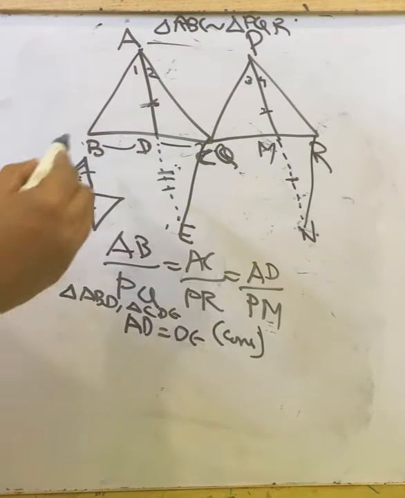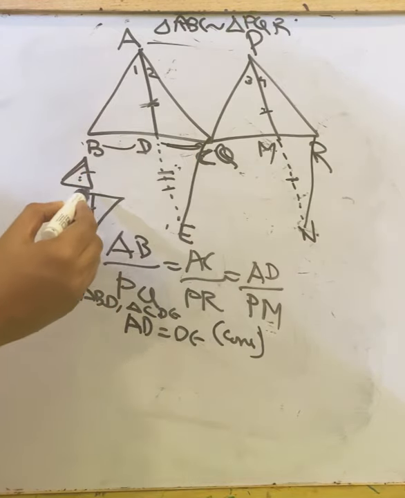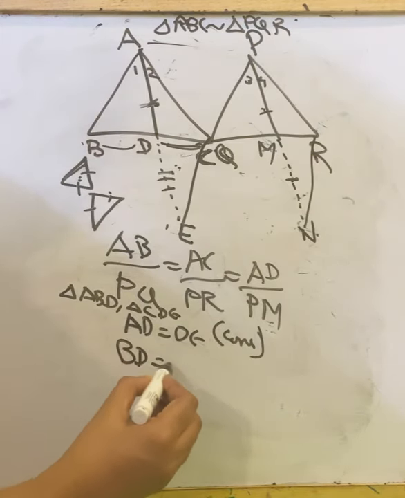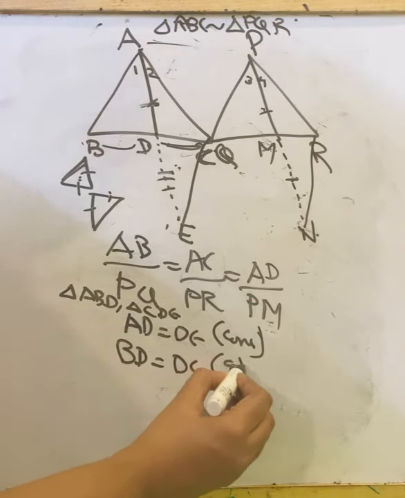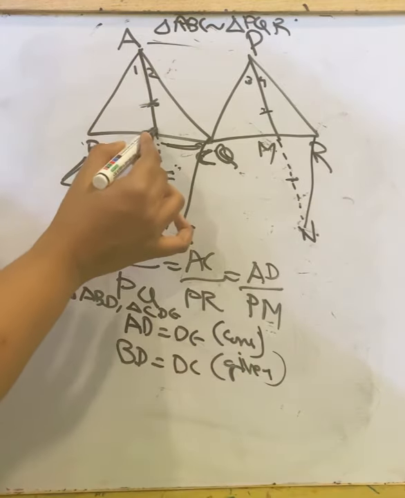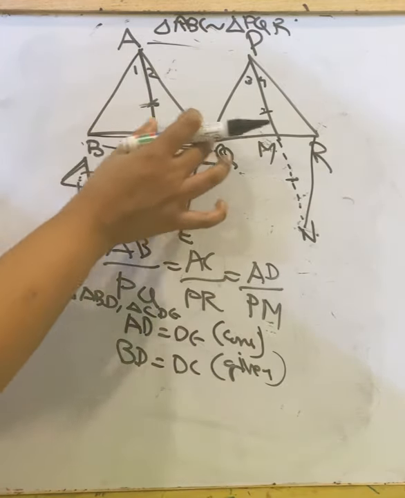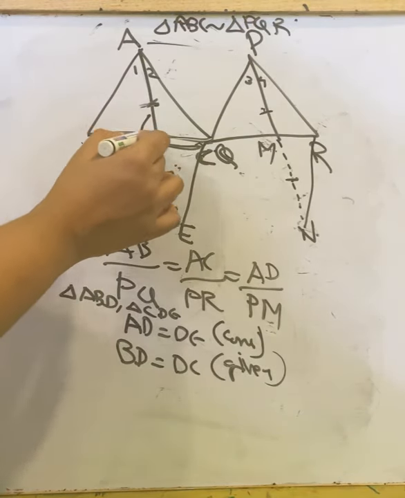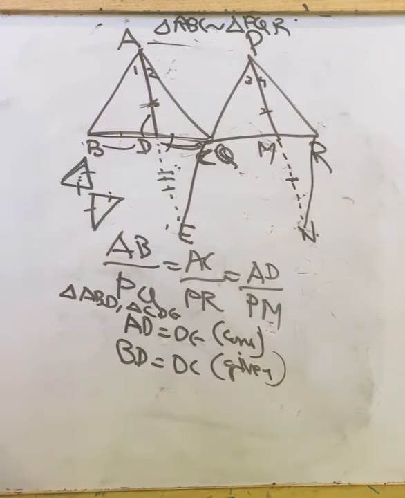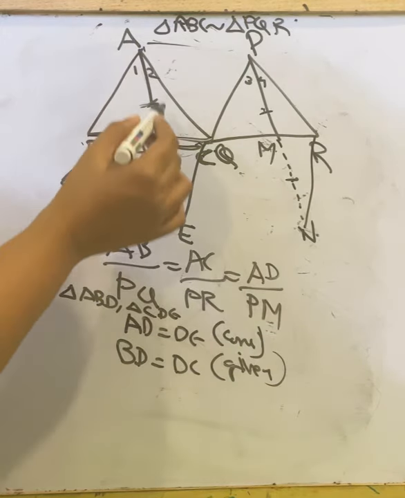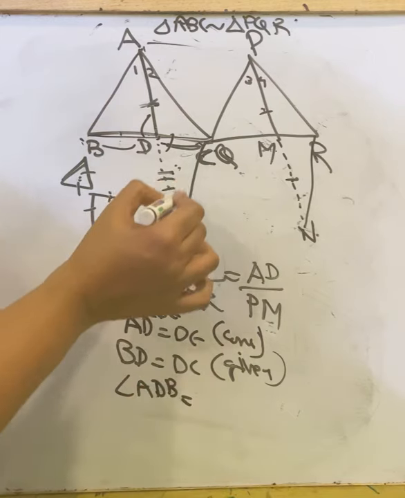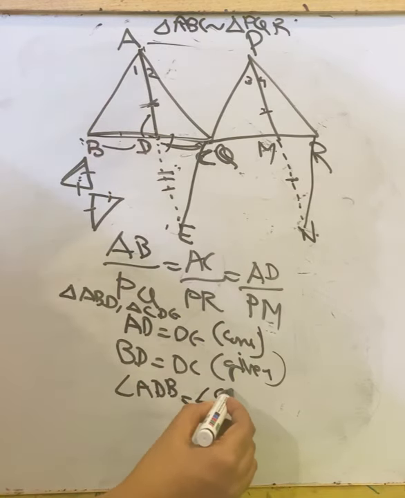Now next, BD equal to DC. That is, this length and this length are equal because this is a median. It is given in the question. So BD equal to DC given in the question. They are median. Median cuts this side to two equal parts. So BD equal to DC. Also here we can see vertically opposite angles. That is this angle, angle ADB equal to angle EDC.